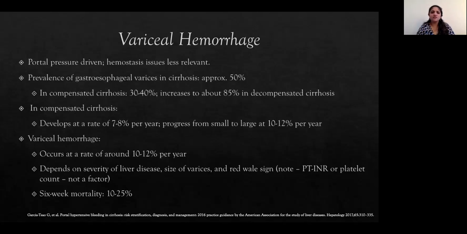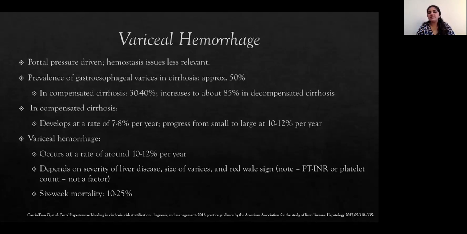Gastroesophageal varices are present in approximately 50% of patients with cirrhosis, and this can increase to almost 85 to 90% in decompensated patients. They also progress from small to large at around 10% per year. Variceal hemorrhage occurs at a rate of around 10 to 12% per year.